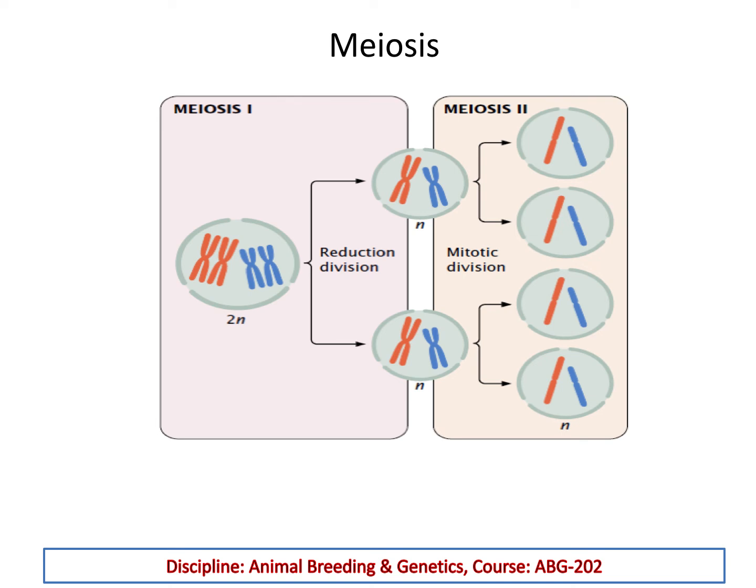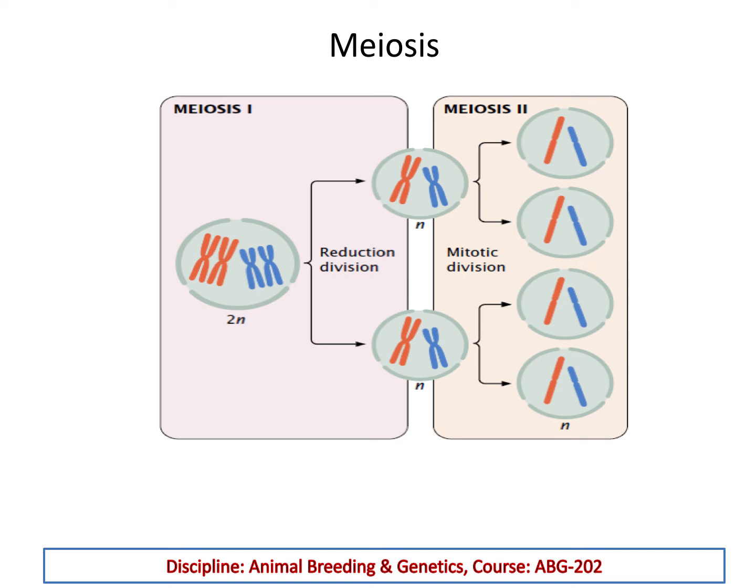Here is the difference between mitosis and meiosis: in meiosis 1 the number of chromosomes is reduced to half. In the two daughter cells the number of chromosomes is n, and now the next phase is just the replica of mitosis, and that we call meiosis 2.